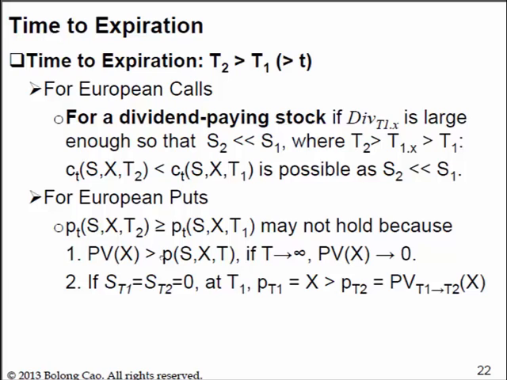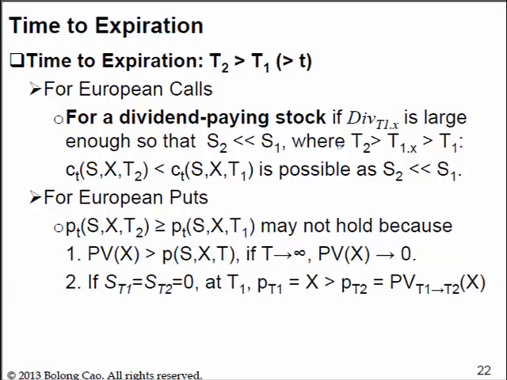Now, for European calls, right? If in between T1 and T2, the time I marked as 1.x, somewhere between 1 and 2, there's a large dividend paid to the underlying, the result is a significant deduction in the underlying price, which makes the spot price at the second expiration date, the further expiration date, much lower than at the closer expiration date.